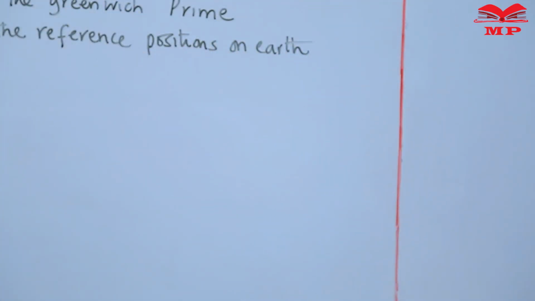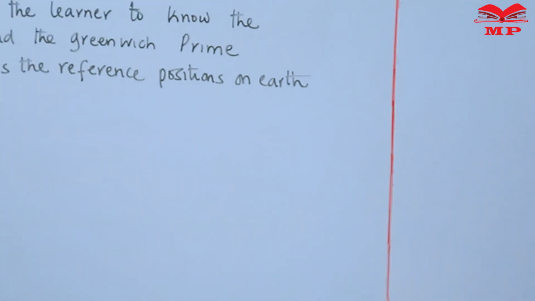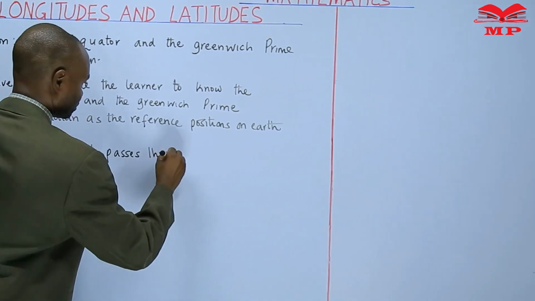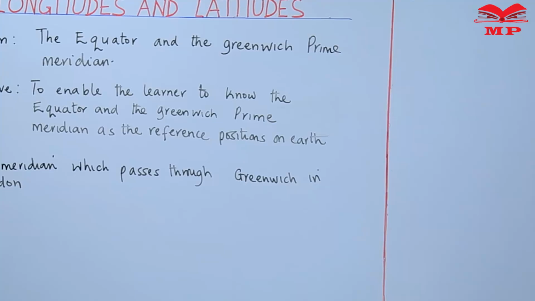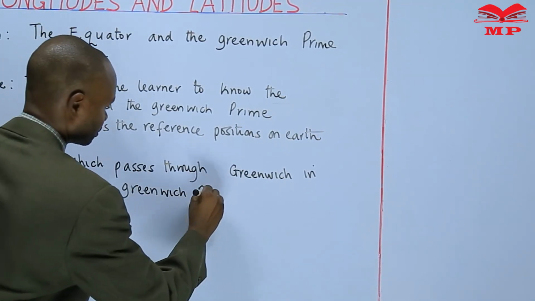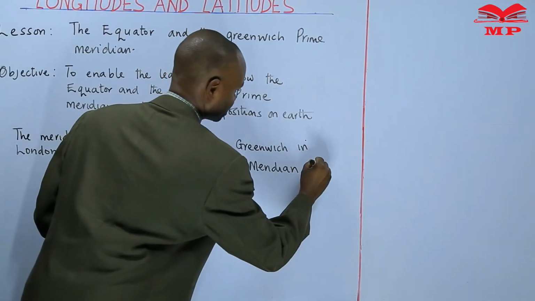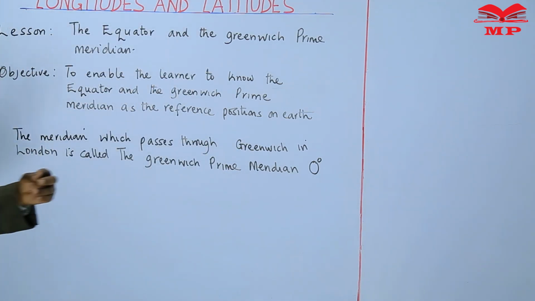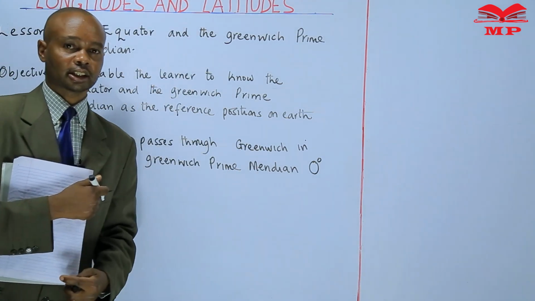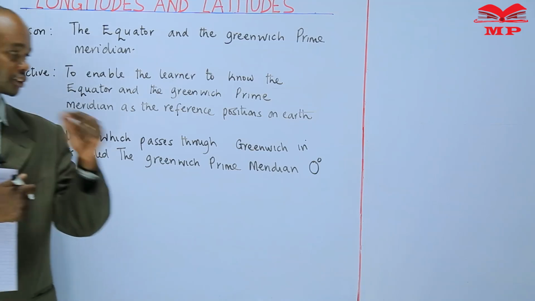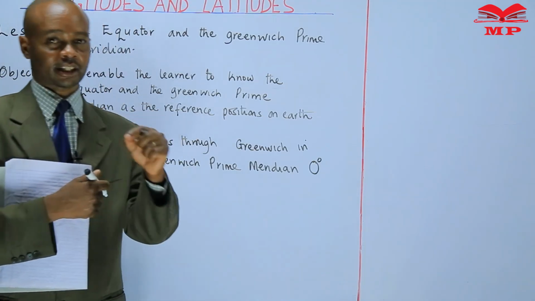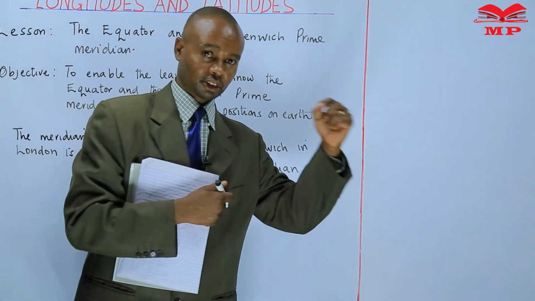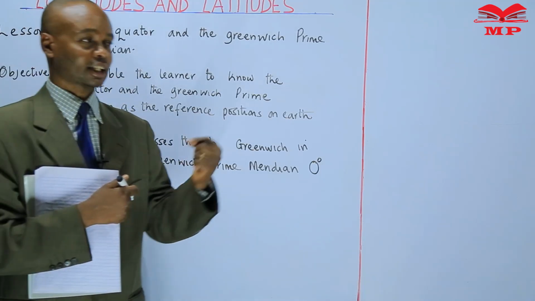So you can start by saying it is denoted 0 degrees. And note that when it is 0 degrees, learner, it is going to be a reference meridian. Although most of the other time we shall call it a longitude.